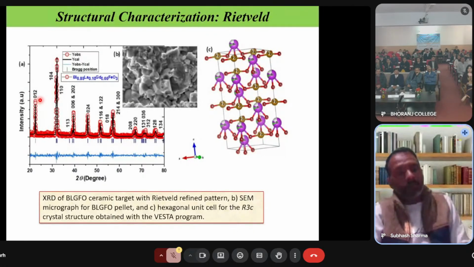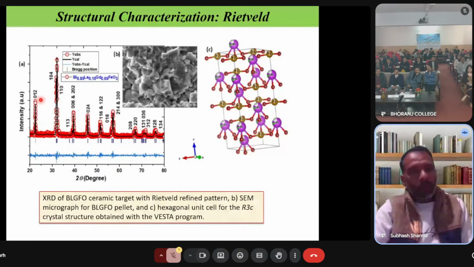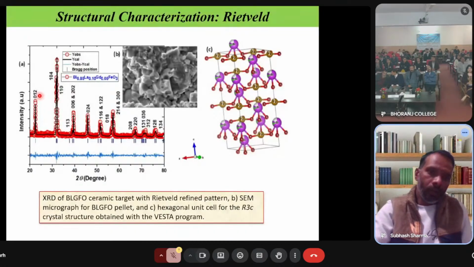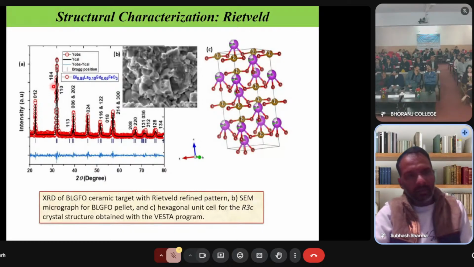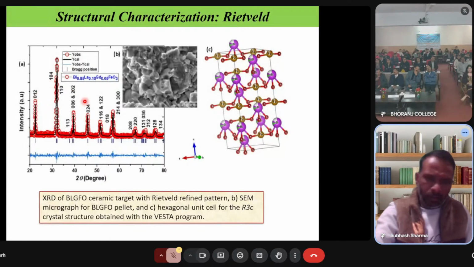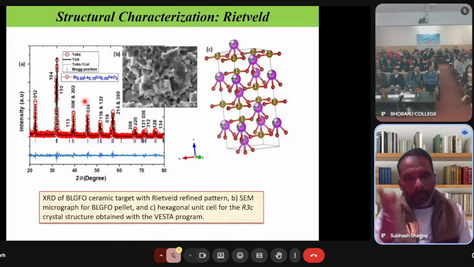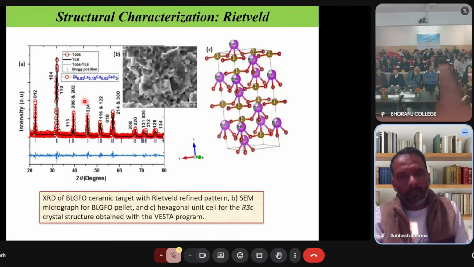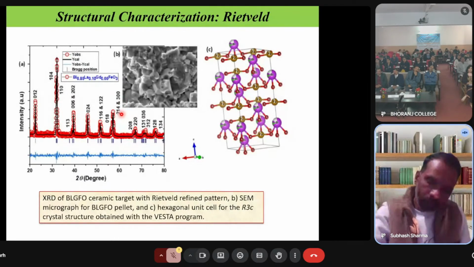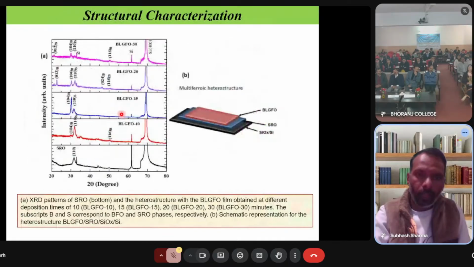Miller indices. So 0, 1, 2 means the electron density or atoms in x, y, z directions, right? So these are planes. The number means how you can represent the planes, and basically this number represents electron density in that particular direction.